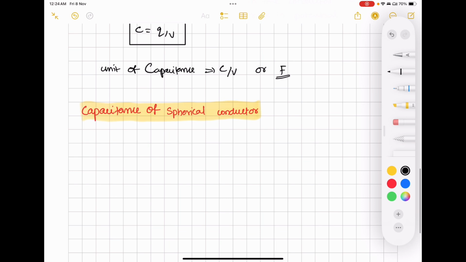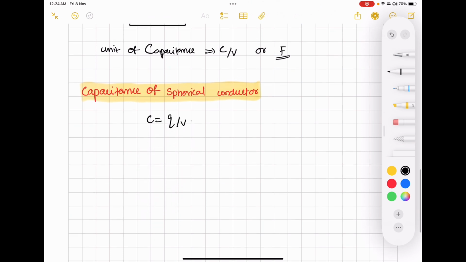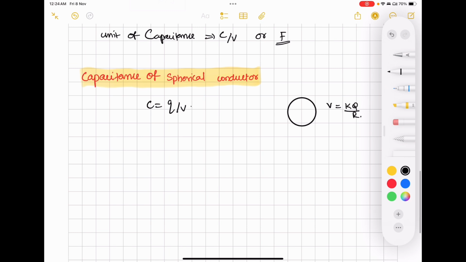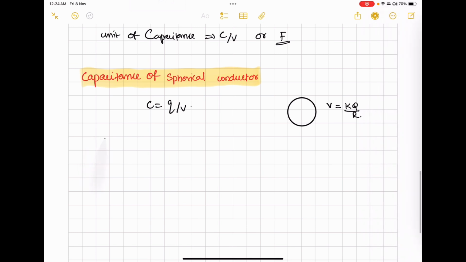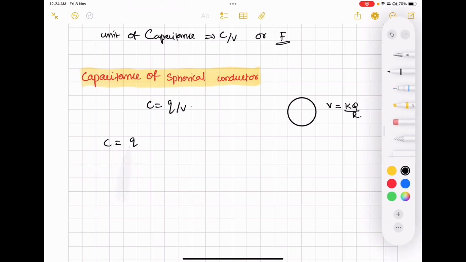Next we can study the capacitance of a spherical conductor. So we have capacitance C is equal to Q by V, and for a spherical conductor we have potential V is equal to KQ by R. That is, capacitance is equal to Q divided by KQ divided by R, and the value of K is equal to 1 by 4 pi epsilon 0.